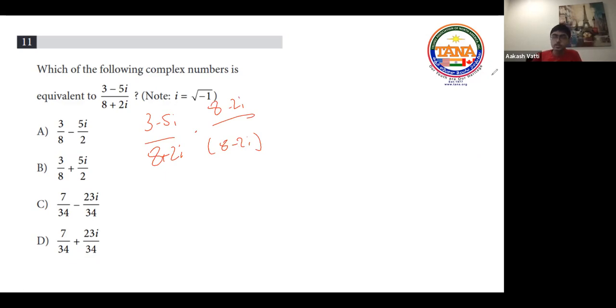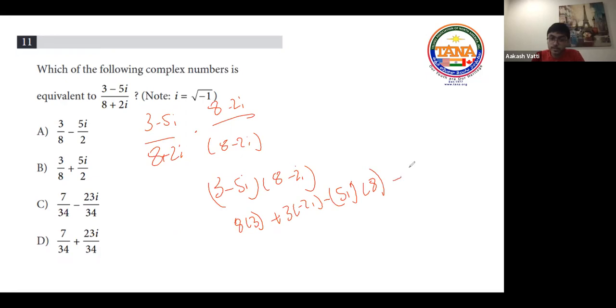And when you do that, you would get 3 minus 5i times 8 minus 2i, which is equivalent to, so you have 8 times 3, plus 3 times negative 2i, minus 5i times 8, minus 5i times negative 2i.